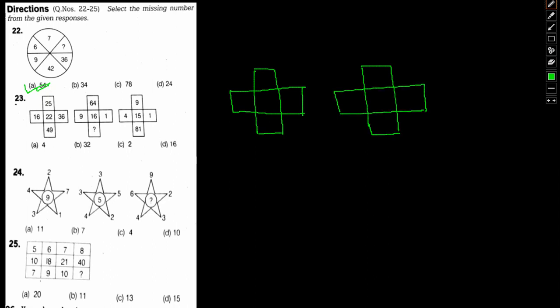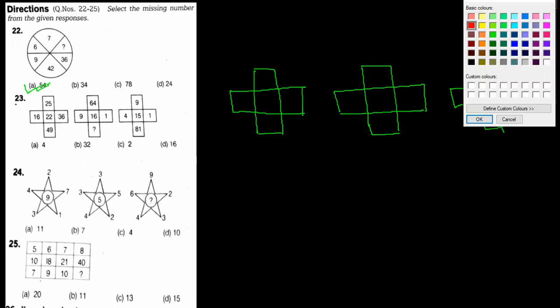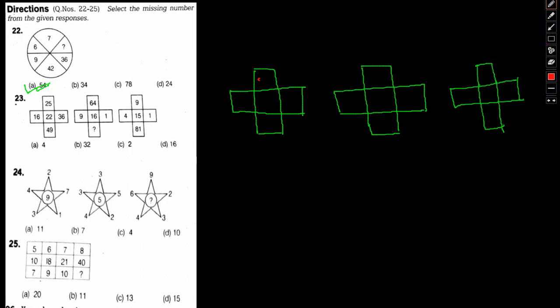Here's the second one, and here's the third one. Okay, and the numbers that fill the first one are 25, 16, 22, 36 and 49. Okay, similarly 16, 9, blank, 64, or 9, 15, 1, 4 and 81.